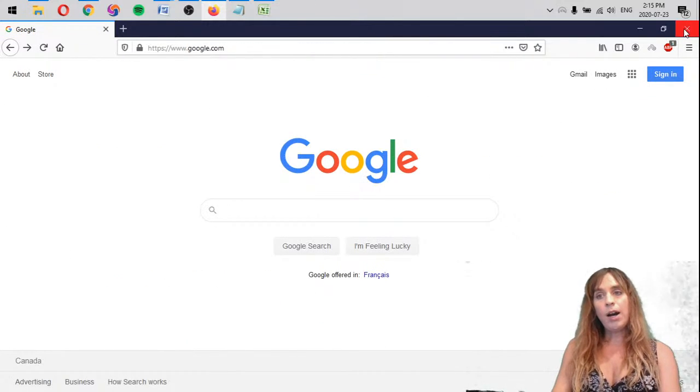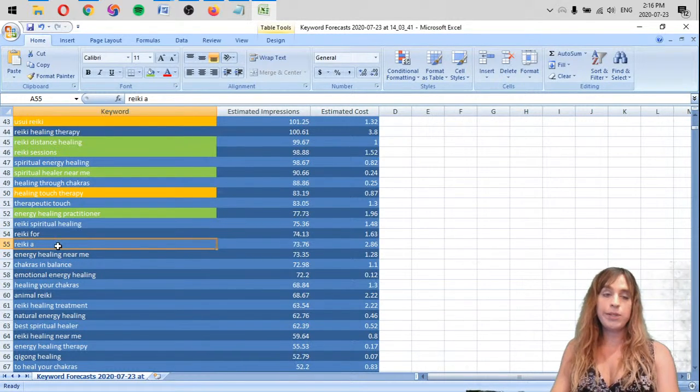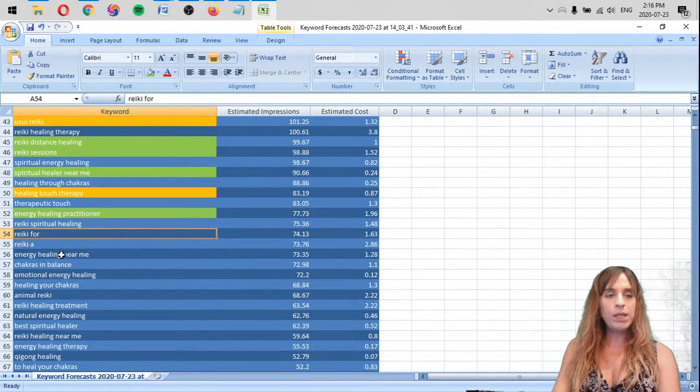That's possible. It could also be that someone meant to type what is Reiki for or what is Reiki good for, and they were just too lazy to type it out. I don't know. Either way, we can leave that in.